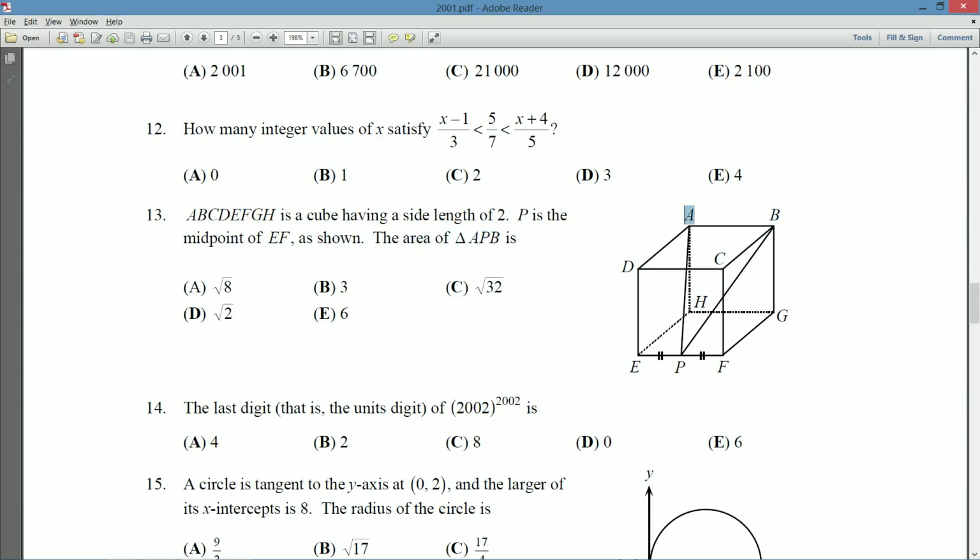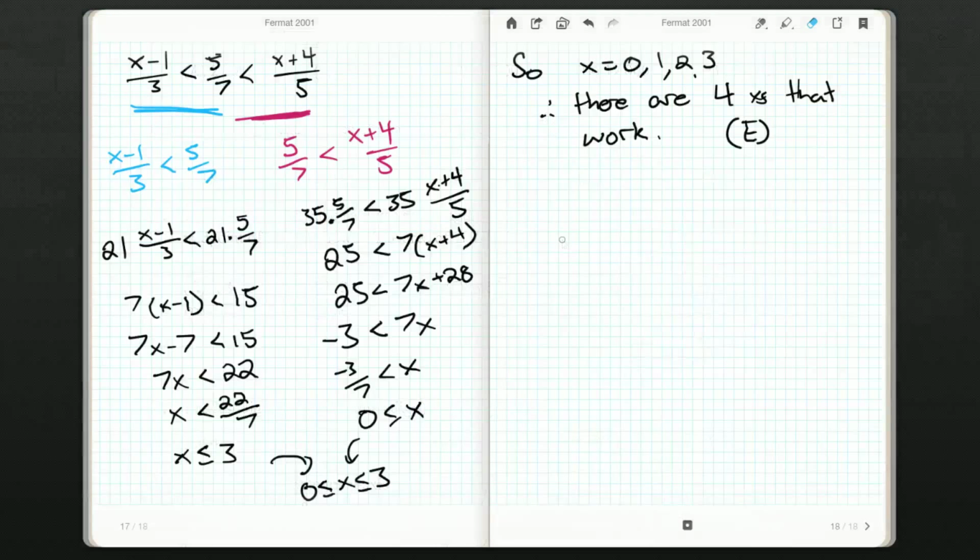Well, one thing I noticed is that AB would serve as a base for this triangle, but getting a height for it, well, that's a different question altogether. But let's draw ourselves a picture. In fact, I think we're going to be drawing a couple pictures here.